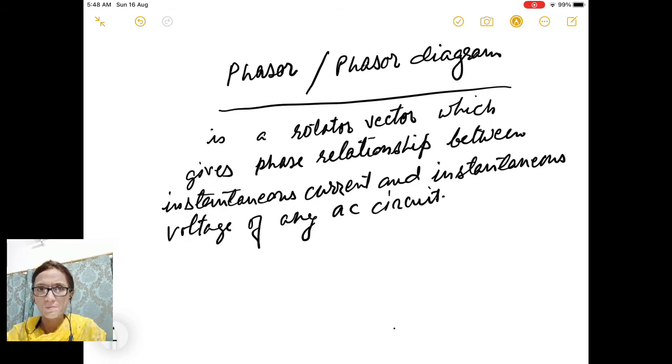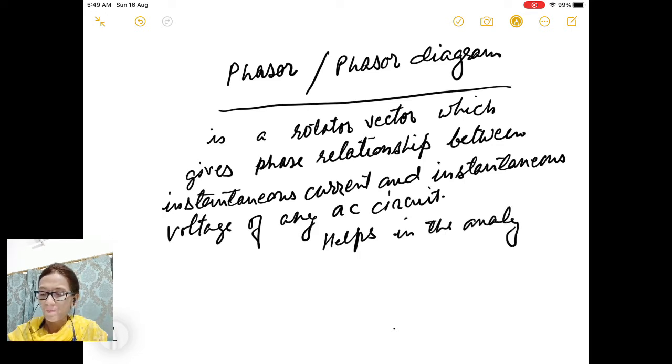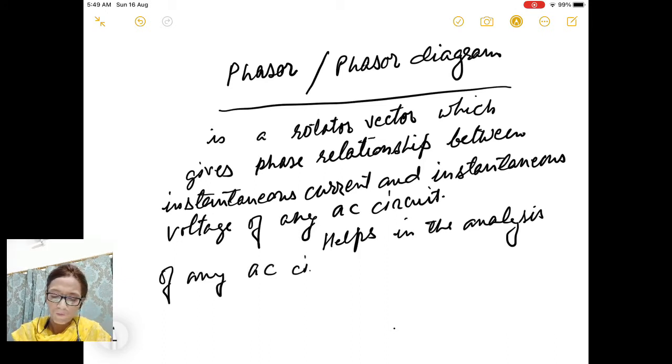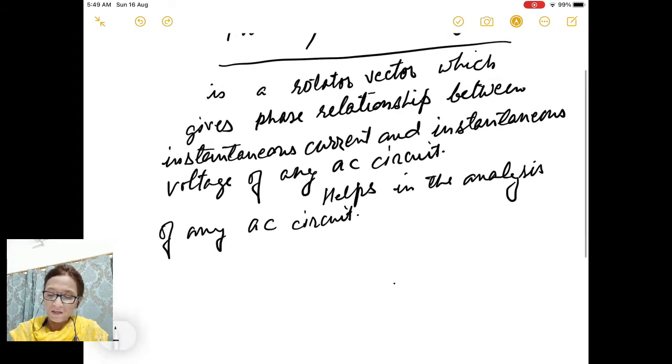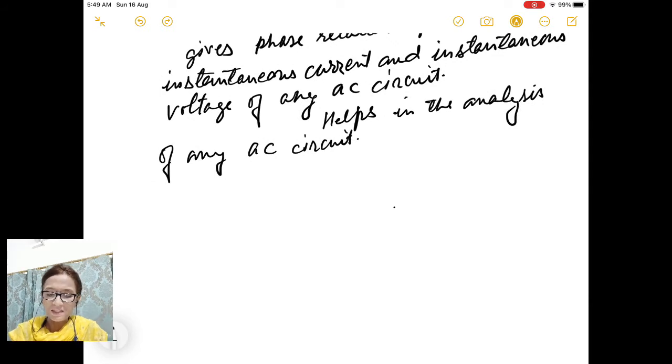It also helps in the analysis of any AC circuit. So let me take firstly a purely resistive circuit and its instantaneous values of current and voltage.